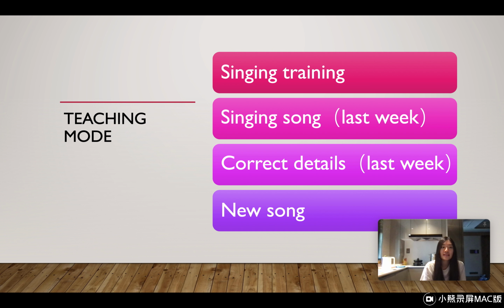Voice practice is usually arranged at the very beginning of the course. As a singer, if he or she wants to sing a song well, he or she must master the basic elements of singing through vocal practice.